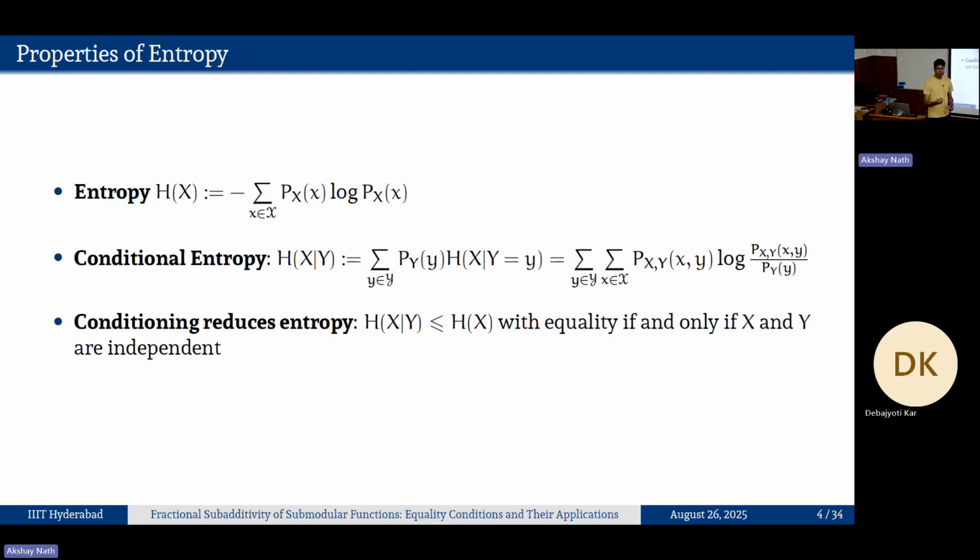Here log 1 by p is the amount of information you realize when such an event happens, and this is a weighted average over all the outcomes of the process. Similarly, we can define what is called conditional entropy.